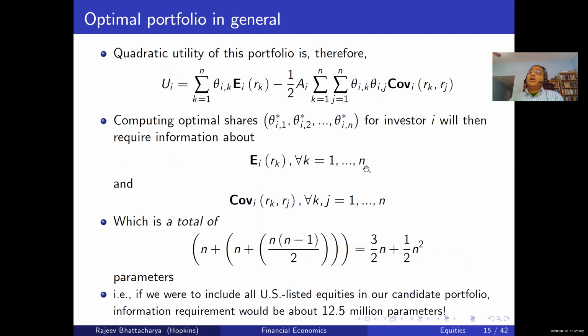Now, going back to what we said earlier, in order to compute the optimal shares, theta i1 star, theta i2 star, theta iN star, just for investor i, will require information about these expectations and all these covariances.